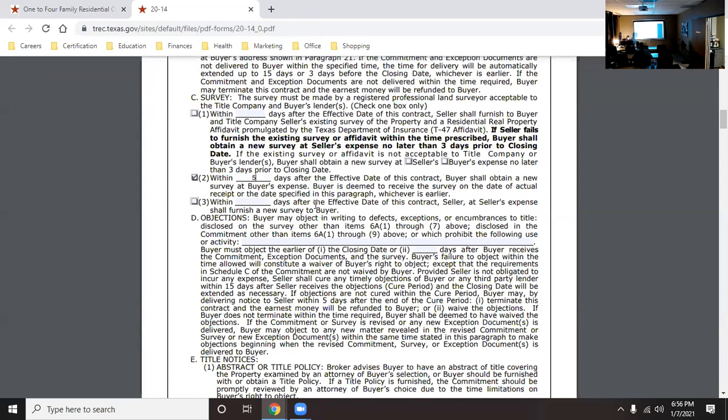What he's basically telling me, since I submitted the contract to him, is that within 5 days of the effective date, my buyer must obtain a new survey at my buyer's expense. So that's why you just ask your client up front, hey, do you have a survey? If you don't, just tell me, and we'll put in there that the buyer needs to pay.